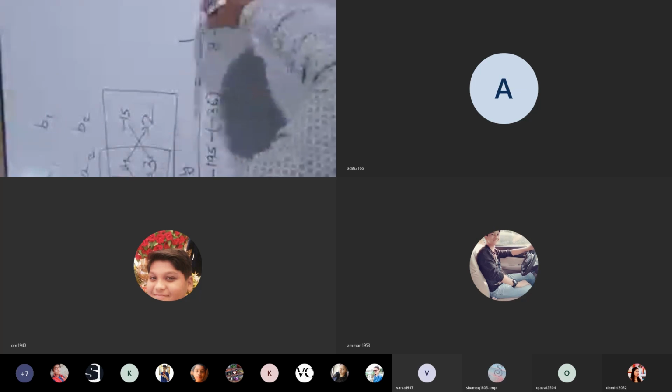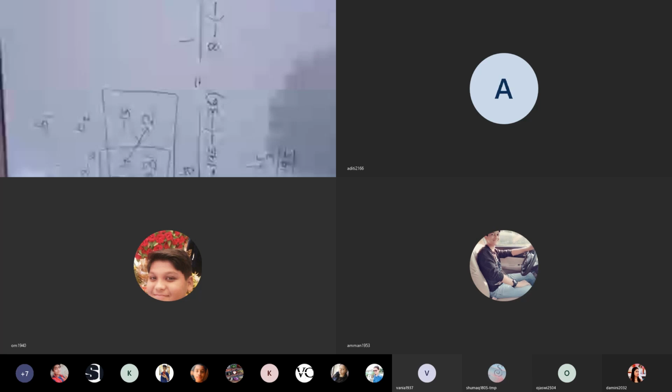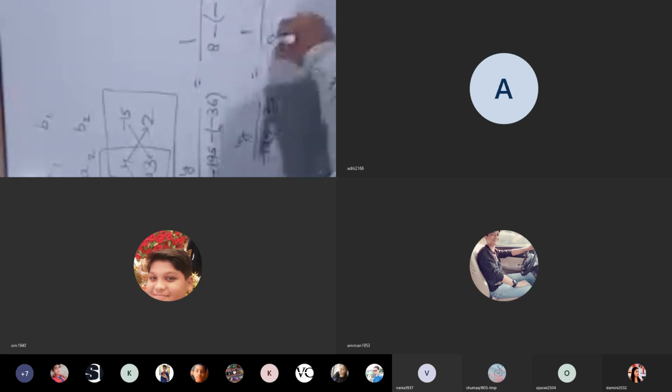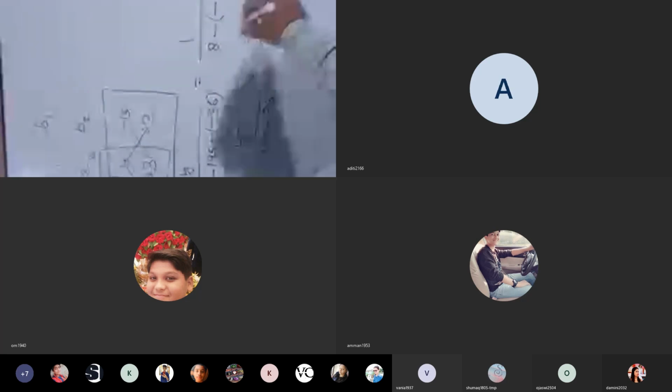Bracket we have to use because two signs are coming together. Now we will solve these numbers. X upon 135 minus and minus, minus minus will be plus. Y upon minus 195, minus and minus will become plus 36. 1 upon 8, minus and minus, plus 45.